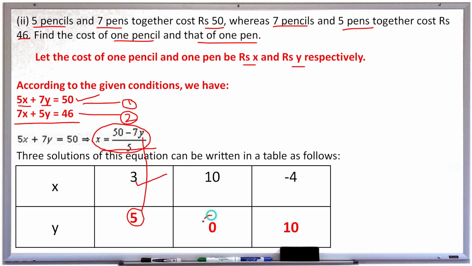If you put y is equal to 0 in the same equation, you will get x is equal to 10. Similarly, for y is equal to 10, you will get x is equal to minus 4. We are getting the integer values 3, 10 and minus 4 for x.